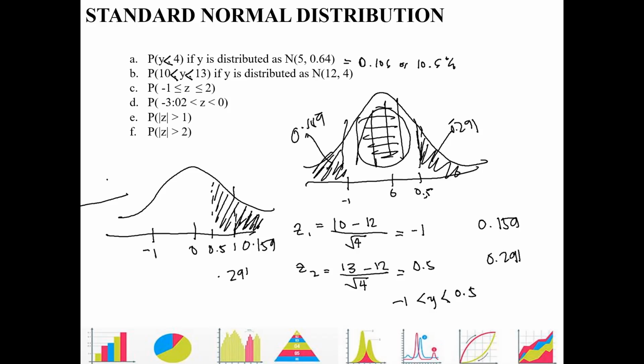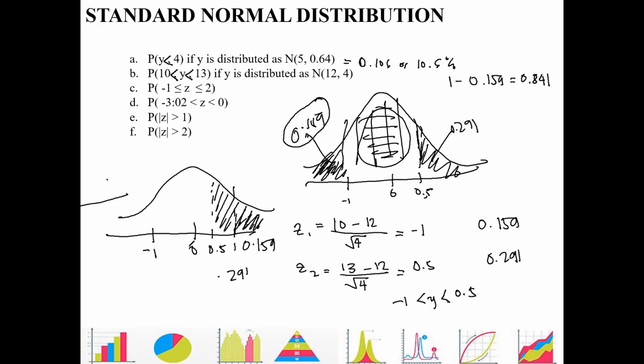So paano natin makukuha yung area na yon given this value, negative 1 and 0.291? The first thing you are going to do is to get this value, yung kabilang part. Kukunin natin yung kabilang value. So, paano natin makuha yon? 1 minus 0.159 is how much? 0.841. Tama ba? 0.841.